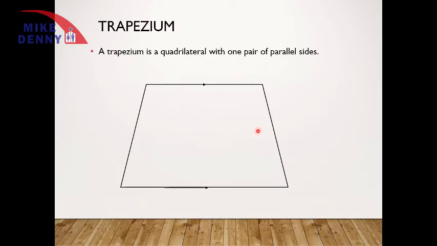So when you have a quadrilateral with only one pair of sides parallel, the quadrilateral is called a trapezium. So once you have a quadrilateral and you can identify only one pair of sides parallel, the conclusion is that the quadrilateral is a trapezium.